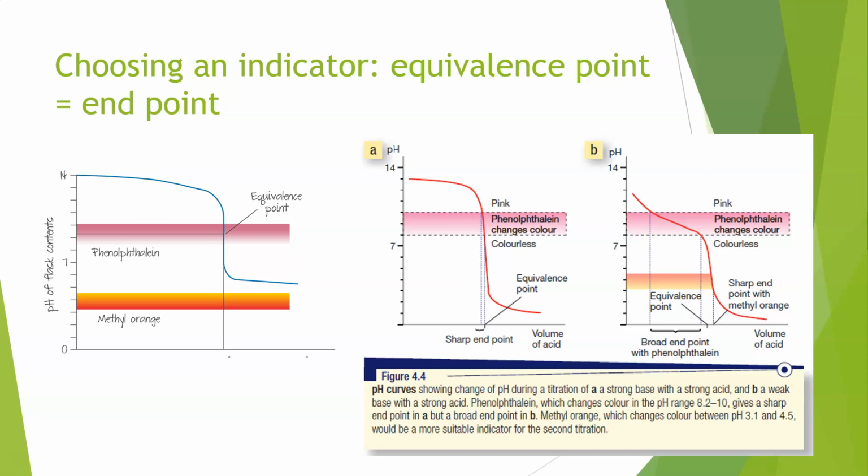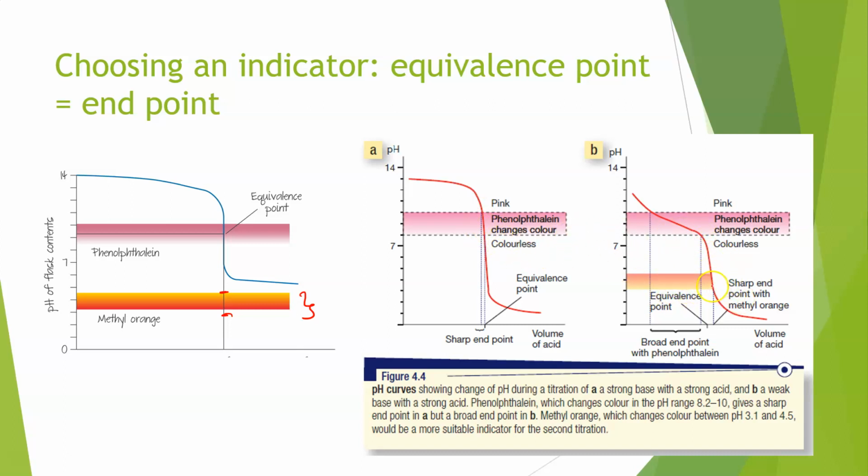So in this case, we wouldn't use phenolphthalein for a strong base weak acid titration. Sorry, we would use phenolphthalein for a strong base weak acid titration, where we wouldn't use methyl orange because its color change is outside the equivalence point. Whereas phenolphthalein is going to change rapidly over this portion here. The methyl orange won't.